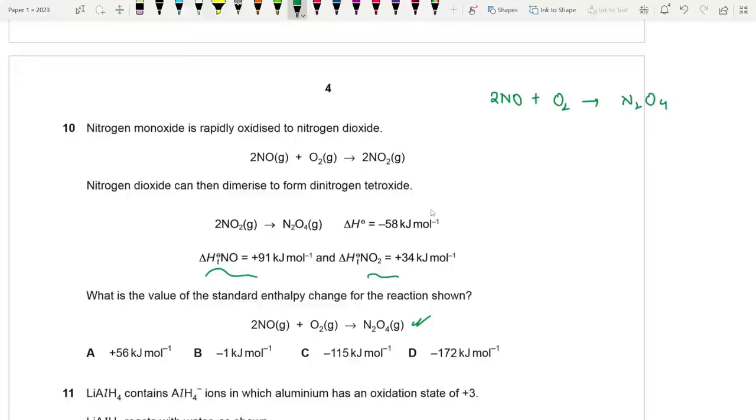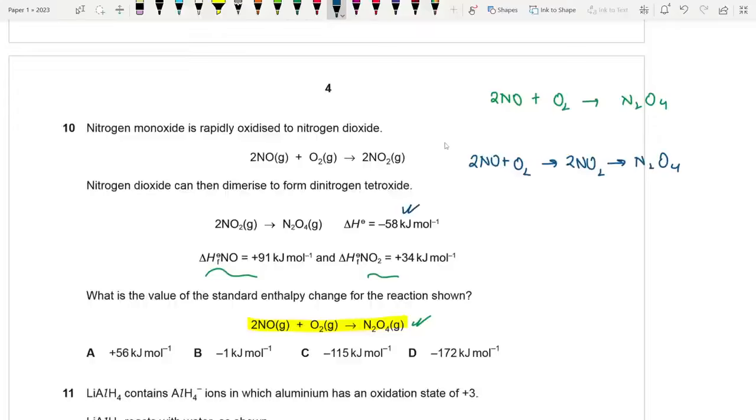Interesting. So this reaction shown has two parts actually. Firstly, 2NO plus O2 is turning into 2NO2, and then 2NO2 is turning into N2O4. This is the gist of the reaction.